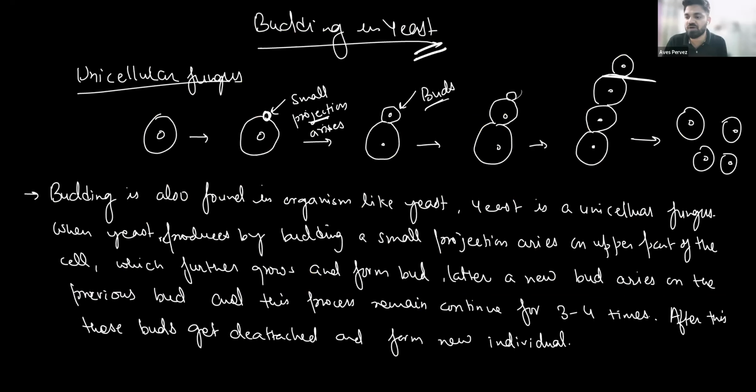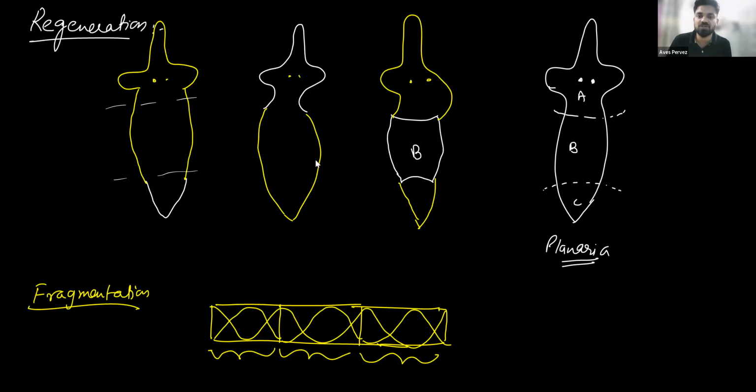Let me explain one more time. In vegetative propagation, we are just taking the vegetative part of the plant, not the reproductive part, like stem, root, leaves, to grow new plants.